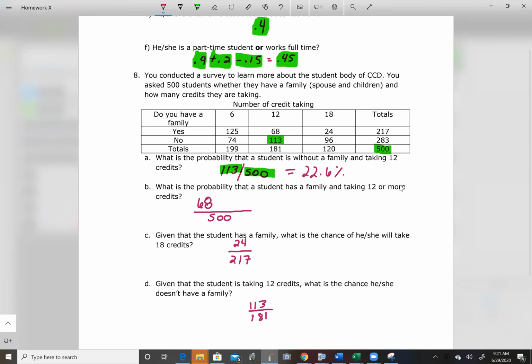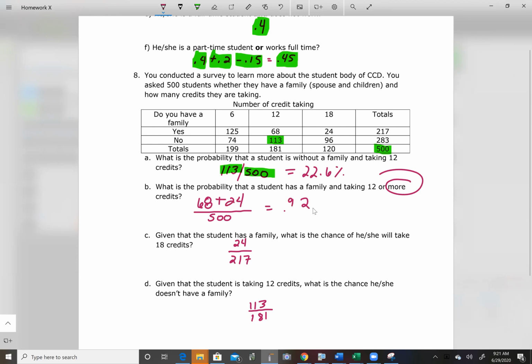But it says more, they could also be taking more than that. If they have a family and they're taking 18 credits, that's going to be 24. So we're going to add those up, 92.